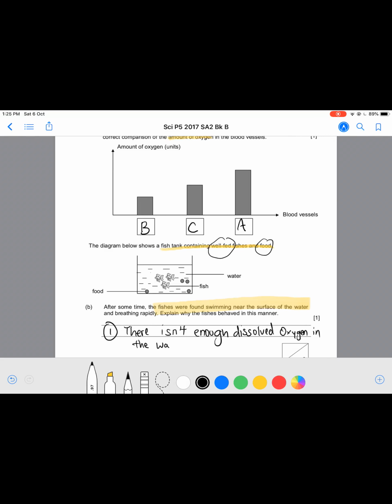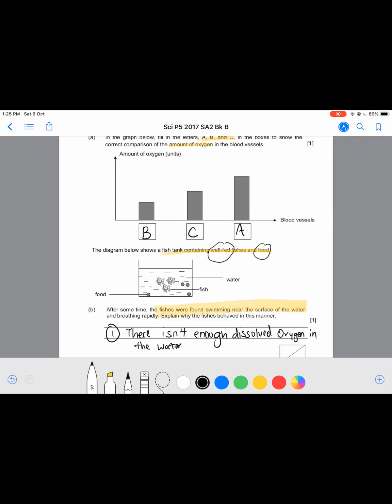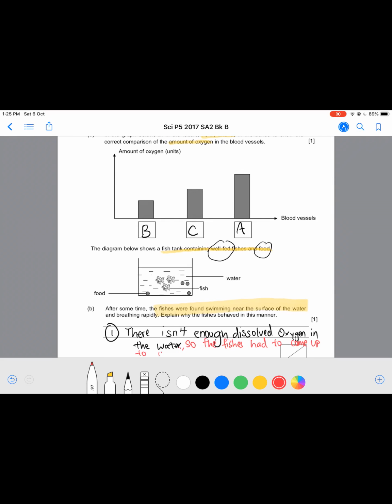Okay, remember the "so" part. So what happens? So the fishes had to come up to inhale more oxygen. So that is one possible reason. Okay, now some of you may have a different answer.